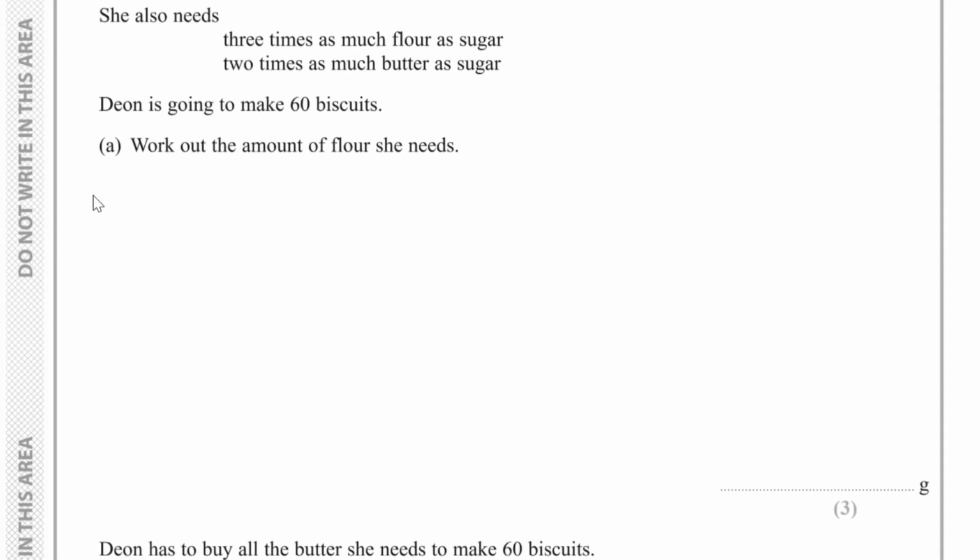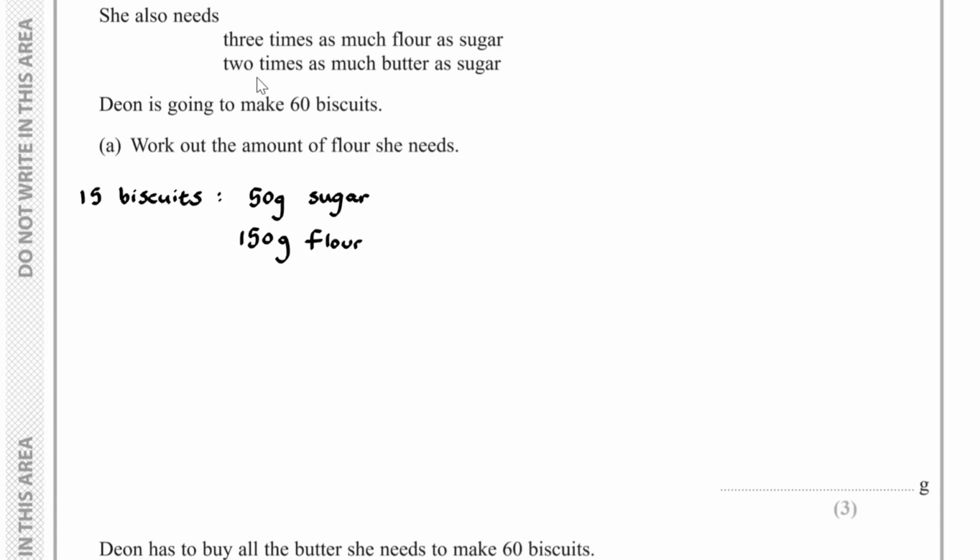for 15 biscuits, let's just write this down, we know that we require 50 grams of sugar, and we know that flour is 3 times as much as sugar, so 3 times 50, that's 150, so we have 150 grams of flour.